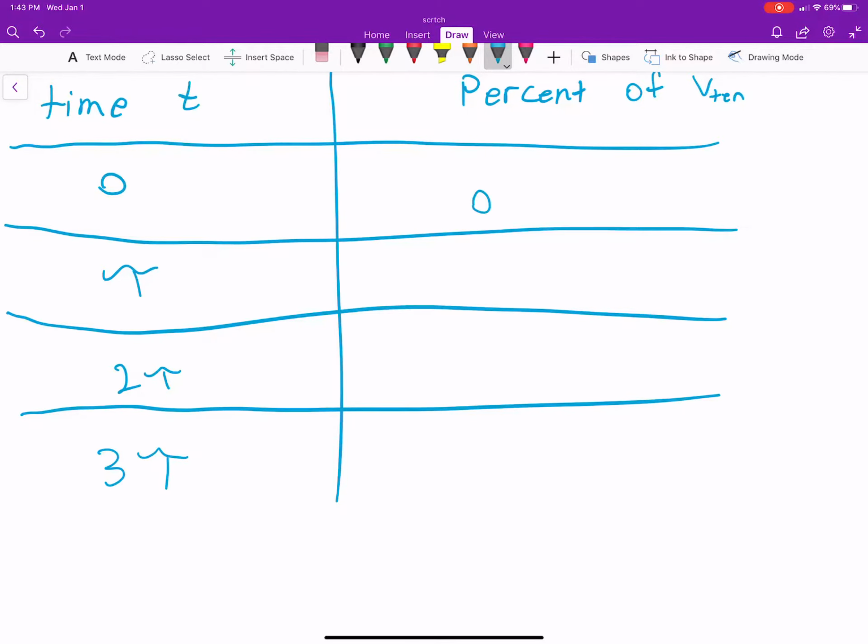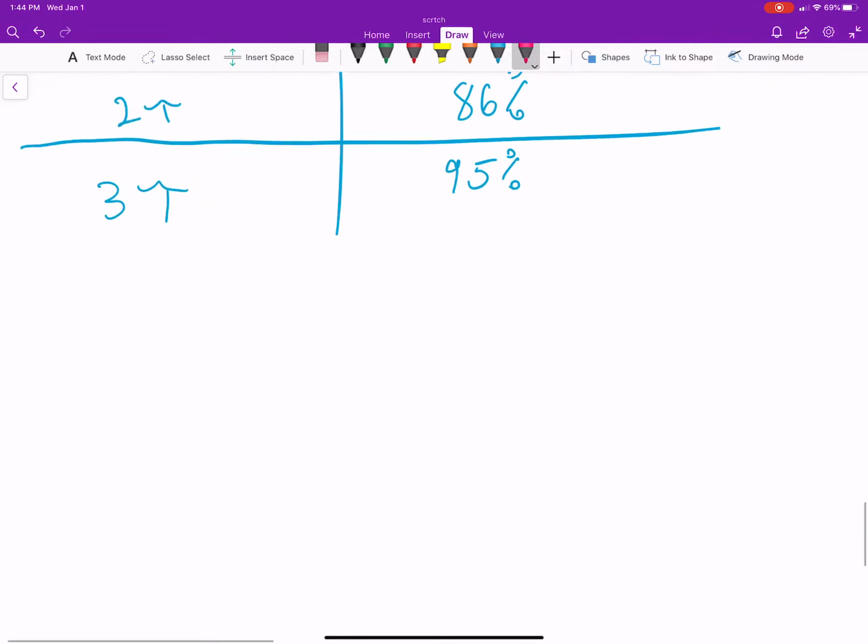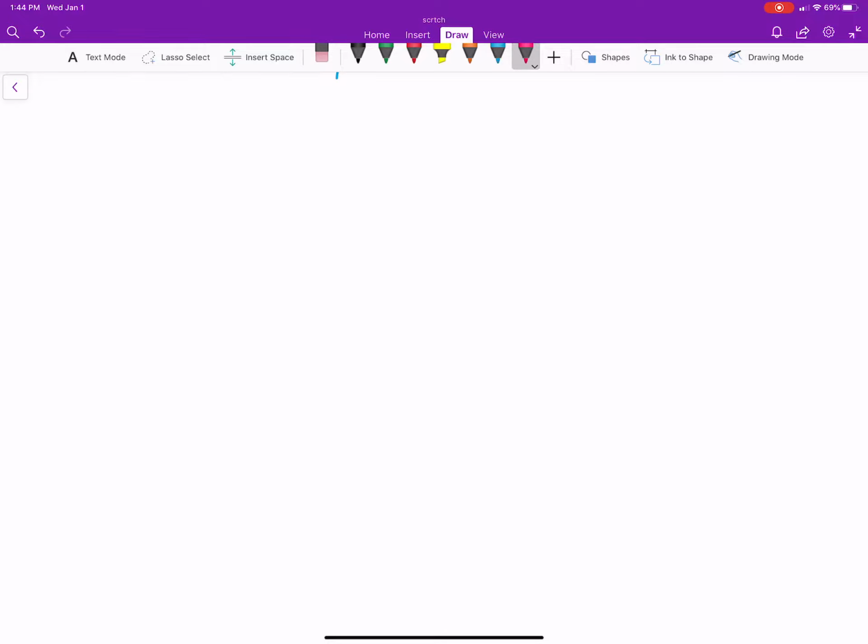What you'll get is 0, 63%, 86%, and 95% of terminal velocity. So we're gradually getting closer and closer to being VT, and it's okay to approximate. For example, you might be okay saying, hey, at 3 tau you've approached, for all intents and purposes, your terminal velocity. Okay, cool. One last thing we want to do is find our position function.